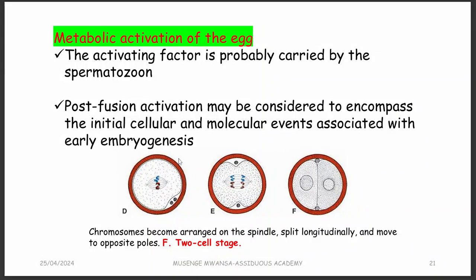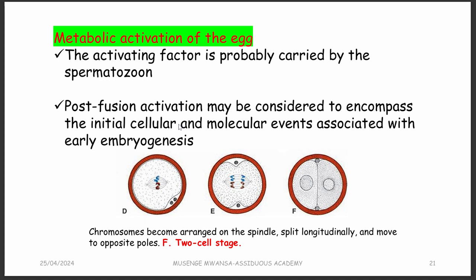Another thing that happens when fertilization has happened is the metabolic activation of the egg. Very, very important. The activating factor is the spermatozoon. The sperm is actually what activates the egg.